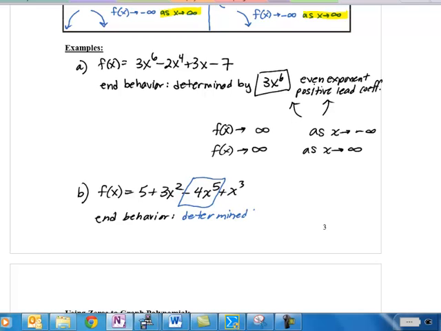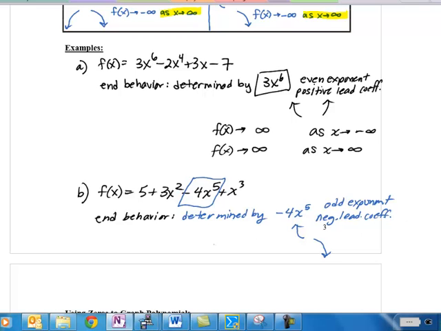So it's determined by negative 4x to the 5th. So that's got an odd exponent and a negative leading coefficient, which means it's going to look like upside down x cubed. So we'll be going like this on the ends.